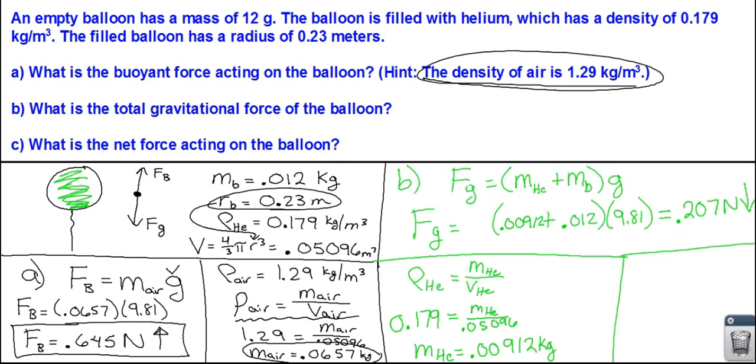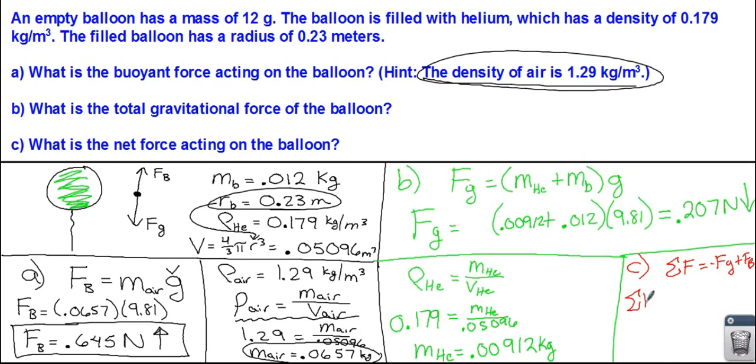And now we are ready for part C. Part C asks, what is the net force acting on the balloon? The net force is when you add up all the forces. We've got our gravitational force acting downward, so negative, plus our buoyant force acting upward, so positive.